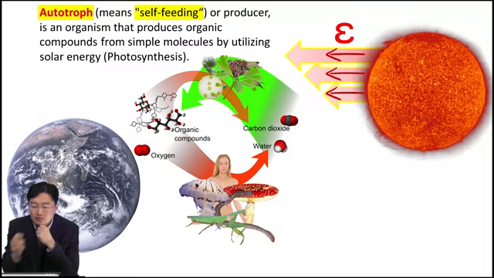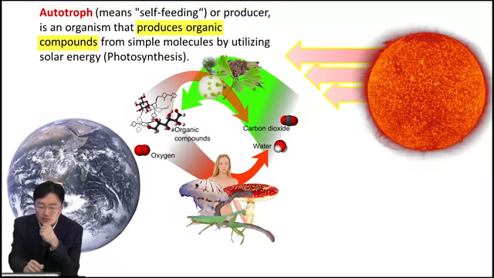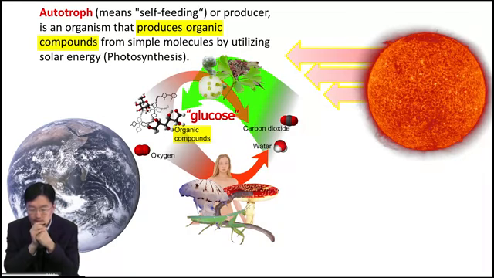In ecology, we simply call them producers. They're like plants and photosynthetic bacteria. Those organisms are very special in terms of producing high energy containing organic compounds like carbohydrates, like glucose. And as a byproduct, they release oxygen.